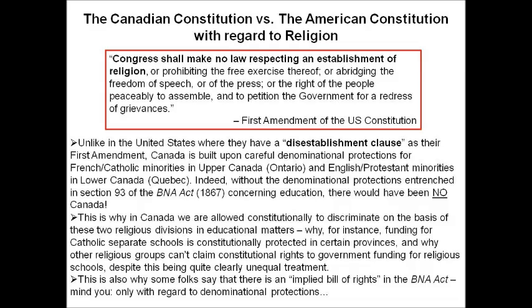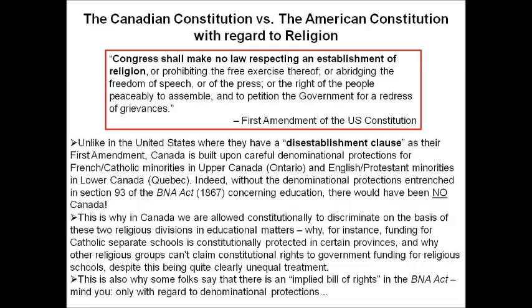But they talk about the separation of church and state and all this stuff, right? Well, what they're thinking of is the First Amendment of the U.S. Constitution, right? Congress shall make no laws respecting an establishment of religion. So, in other words, no religion ought to ever be incorporated into public education.